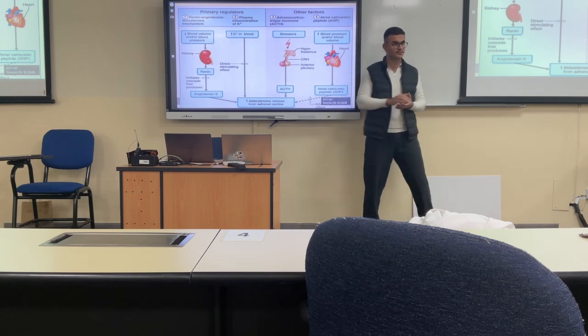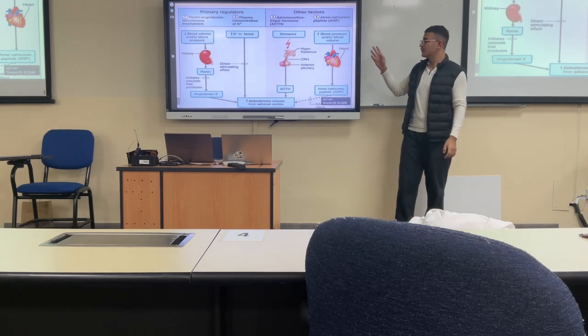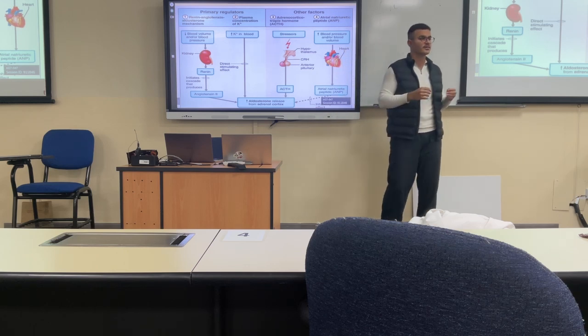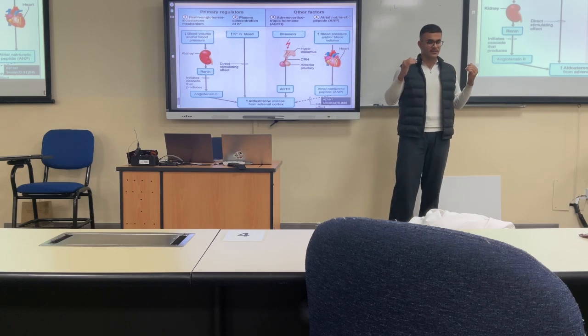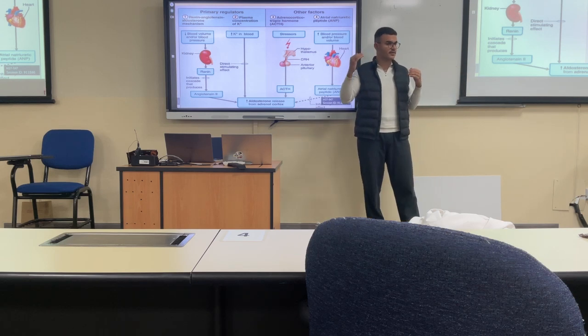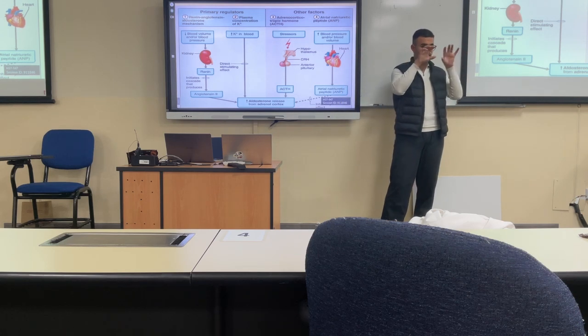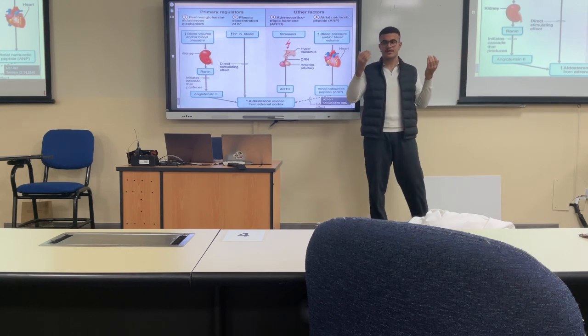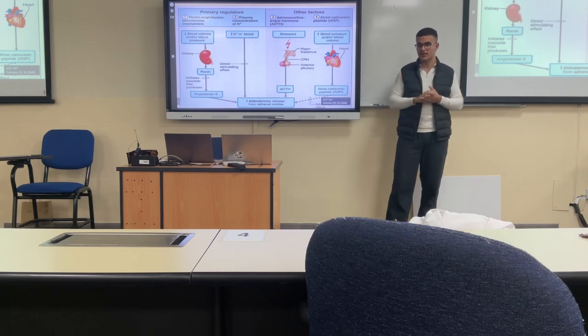Okay? Now for the other factors, they're not really primary, they're secondary factors. Elevated ACTH levels. Usually, as we said, we have the cortex, we have 3 layers. The first layer, which is the zona glomerulosa, usually is not affected by ACTH levels, okay?